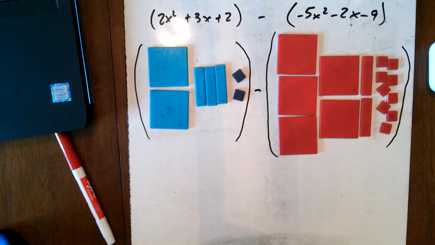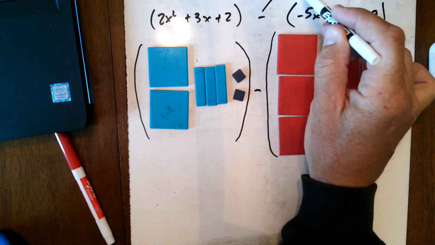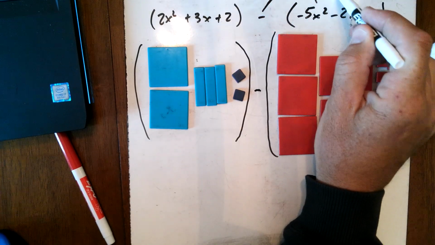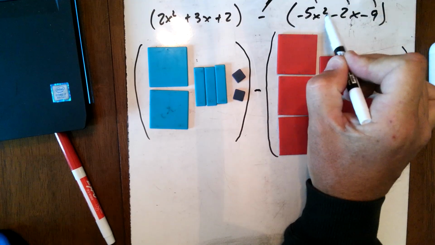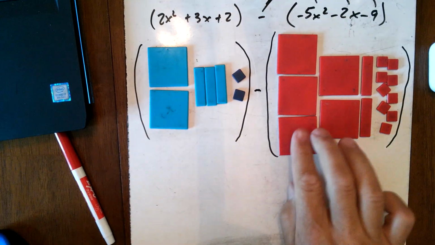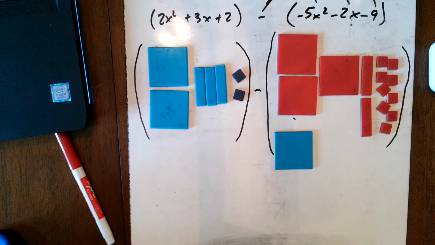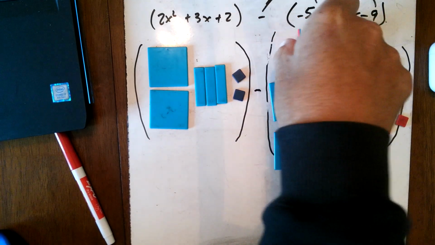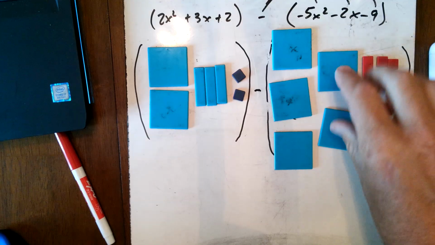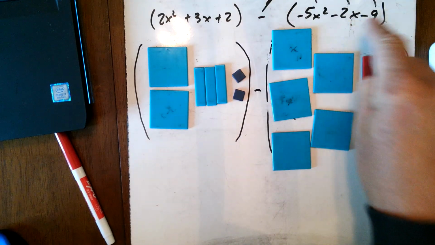So just like we've been doing, we're going to distribute that negative into each one of those 3, okay? And when we do that, instead of subtracting a negative 5x squared, we're going to add 5x squared, a positive, the opposite. So we're going to flip those, and we're going to take the opposite, okay? And then we're going to subtract the negative 2x.